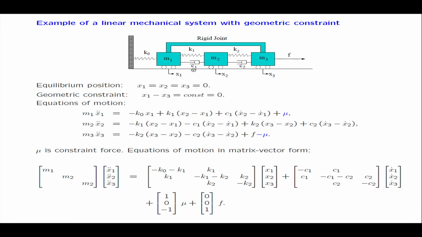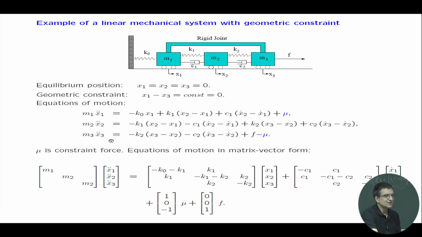Let me show you this example. We have three masses here connected with springs and dampers. And we also have as a restriction that mass 1 and mass 3 are connected by a rigid but massless joint. Because of all these springs and dampers, we have these complicated equations of motion.